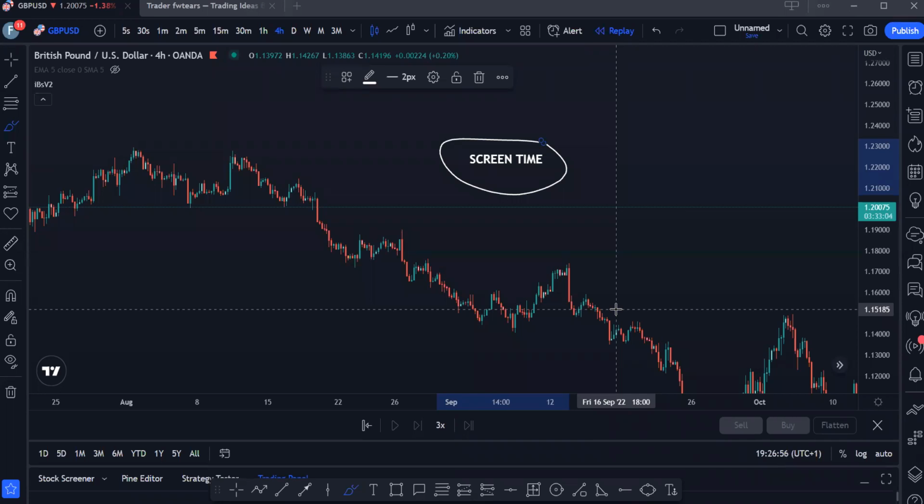I'm not saying that you have to be on the chart from morning to night, but you need to spend time. Anything that will make you money in life requires some level of dedication and commitment and presence. Even though there are a lot of people telling you that you can make money with robots and software, true, you can.